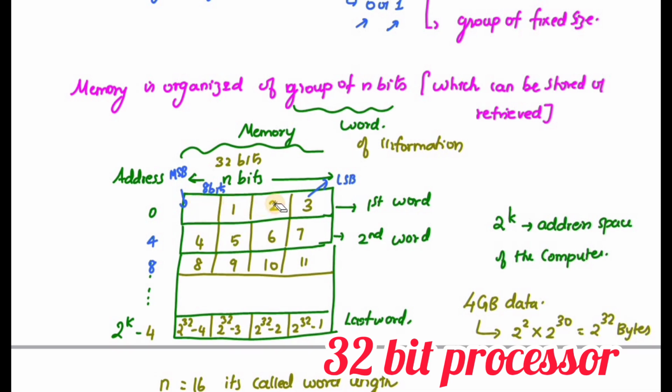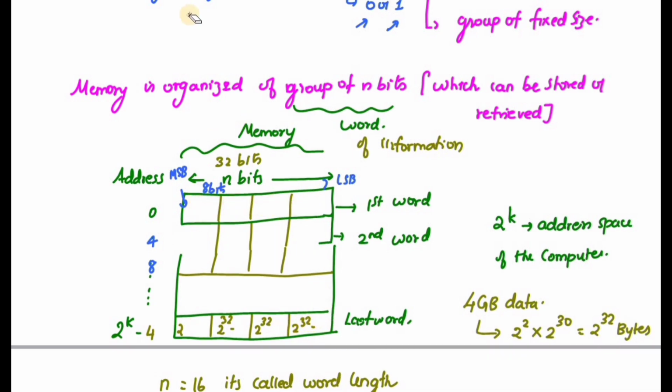Suppose I assign 0, 1, 2, 3 starting from the other end, then from here 4, 5, 6, 7, 8, 9, 10, 11. From here it becomes 2 power 32 minus 4, minus 3, minus 2.